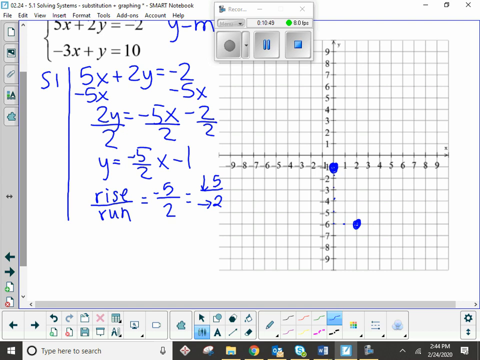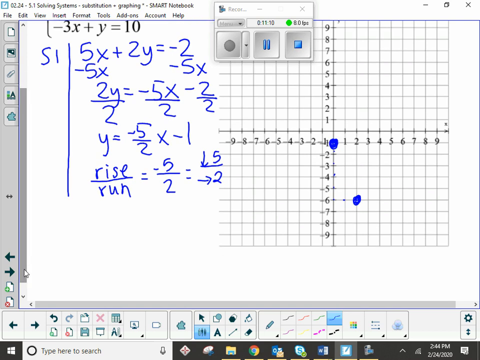But actually, before I do that, I have to remind you about something. Going down and right gives you the same line as if you went up and left. You see that? That would all still be points on the same line. So here's why that works.